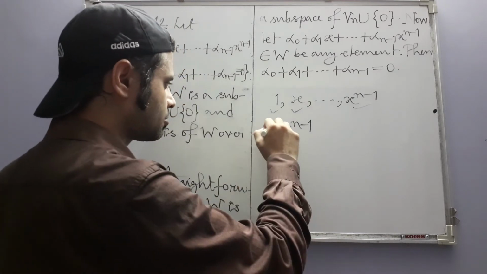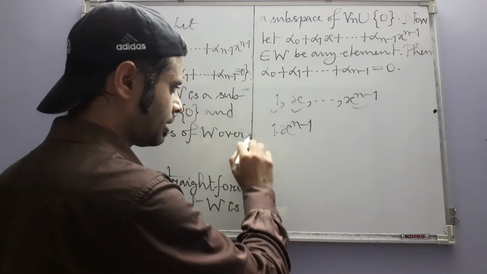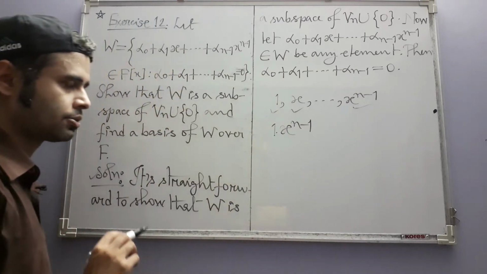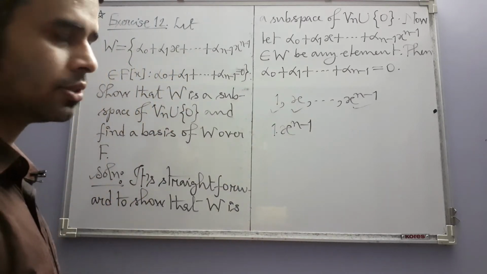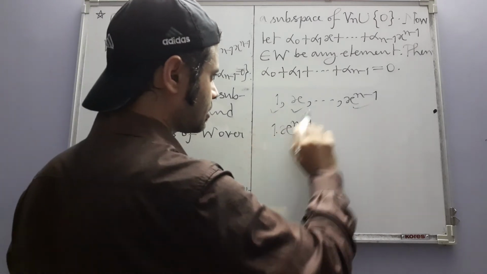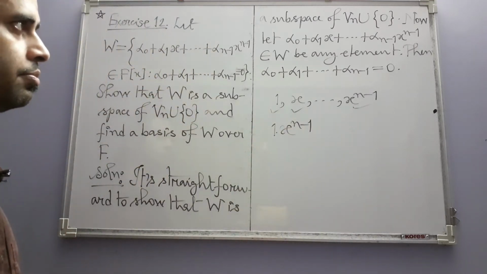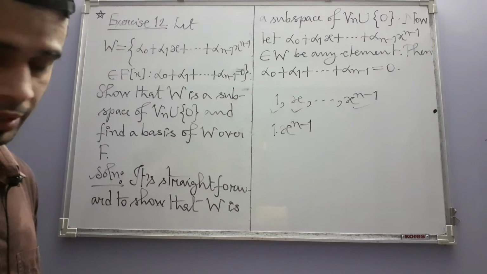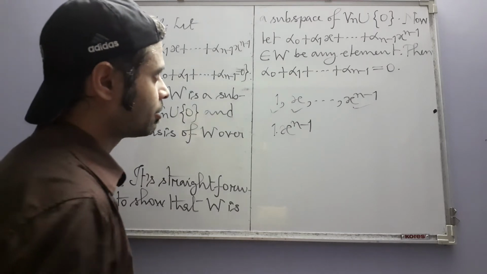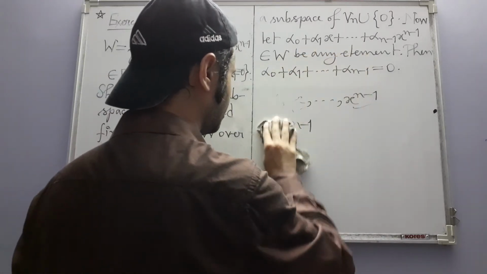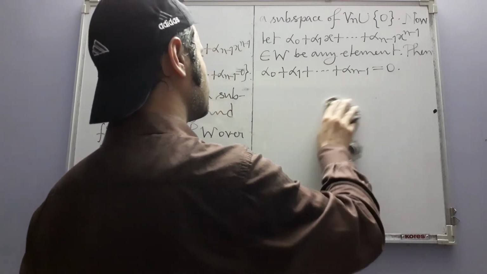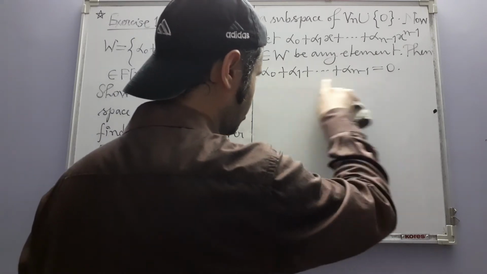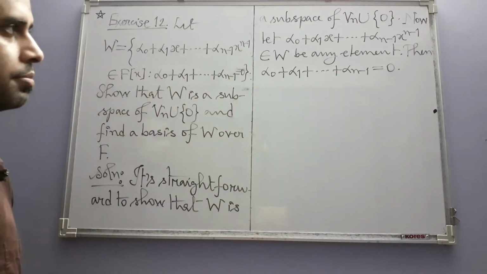No, because one of them is non-zero and the other previous ones are 0. So the sum is 1, it is not 0. So none of these things are actually in W. And that's why we should just simply not look at how this polynomial just looks, and instead also use this condition.